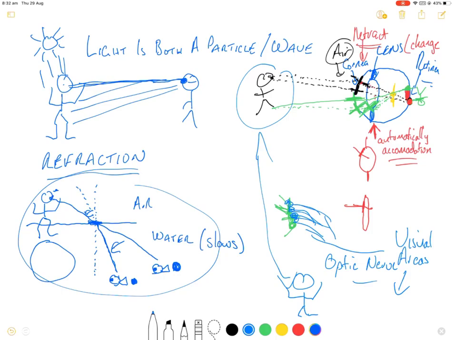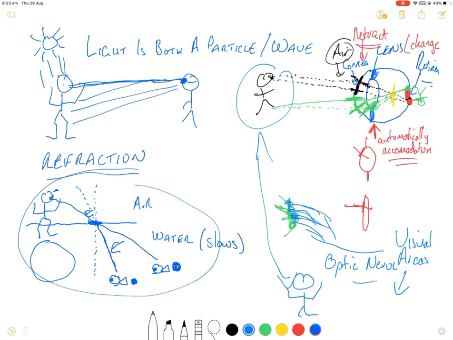Okay, so to summarise, what you'll be learning about in physics this coming week is what light actually is, that it's a particle and a wave. You'll be learning about refraction, about how light rays are bent through different mediums, and you'll look at reflections as well.